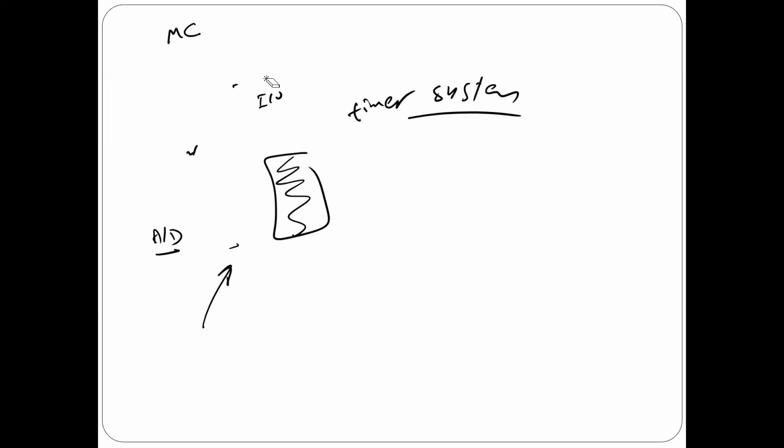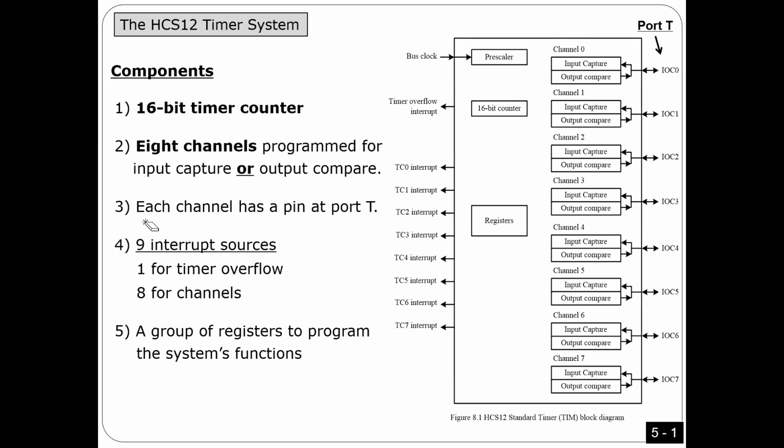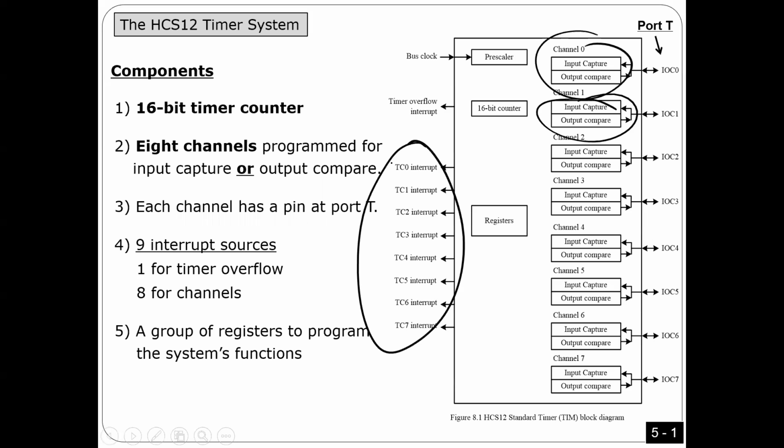The timer system, guys, as I told you here, we have eight channels. Every channel has one pin on port T, as you see here. Every channel also has one interrupt. So every channel has one pin, and it can trigger one interrupt.